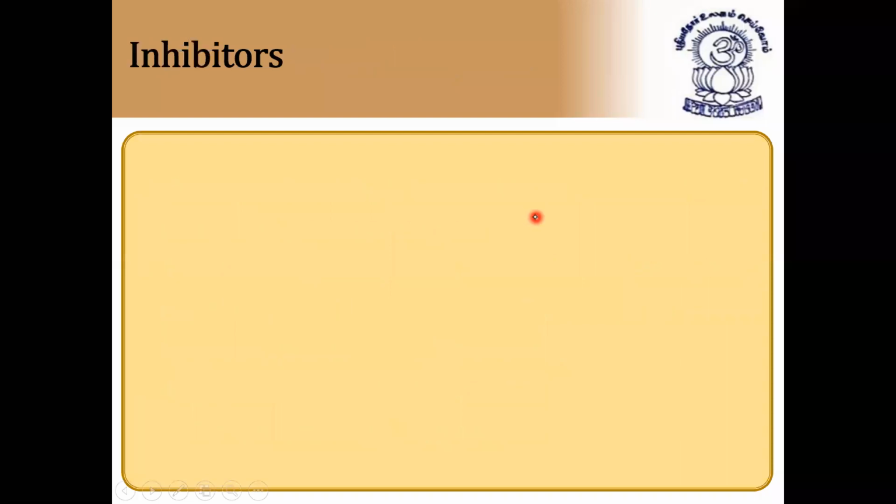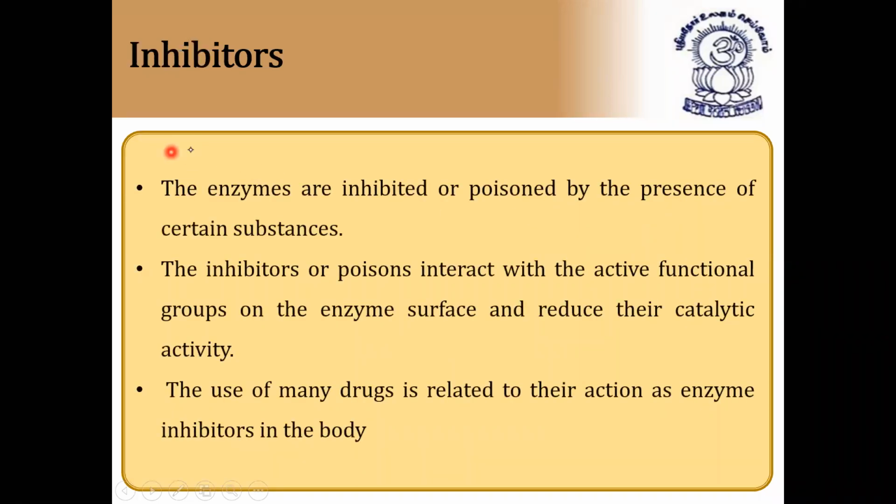Next, inhibitors. Inhibitors means poison. The enzymes are inhibited or poisoned by the presence of certain substances. Due to the presence of certain substances, they act as poison and they will decrease the activity of enzymes. These inhibitors are poisonous.